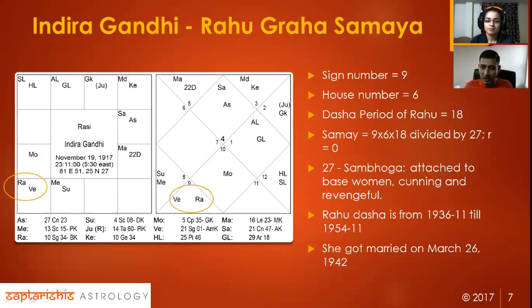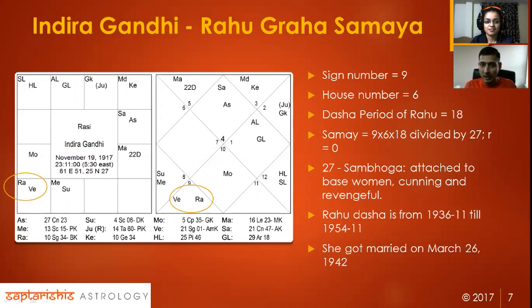She got married on March 26, 1942. Now, we all know about her marriage and all the controversies in the life of Indira Gandhi because of her marriage. Her father disowned her for some time. There was a lot of family conflict because of her marriage.